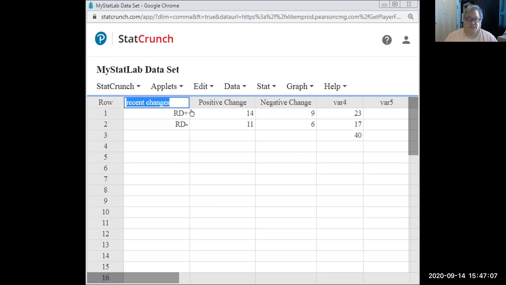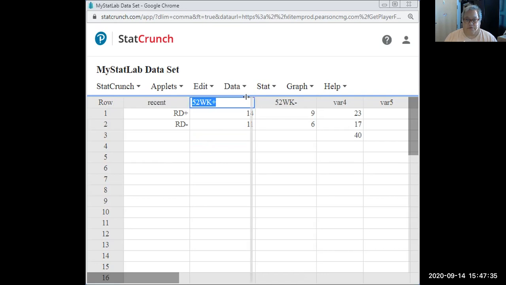And I'm going to change this label to just the word recent. Additionally, instead of calling this first column positive change, I'm going to call it 52 week plus and 52 week minus to indicate that these are changes that are happening annually.